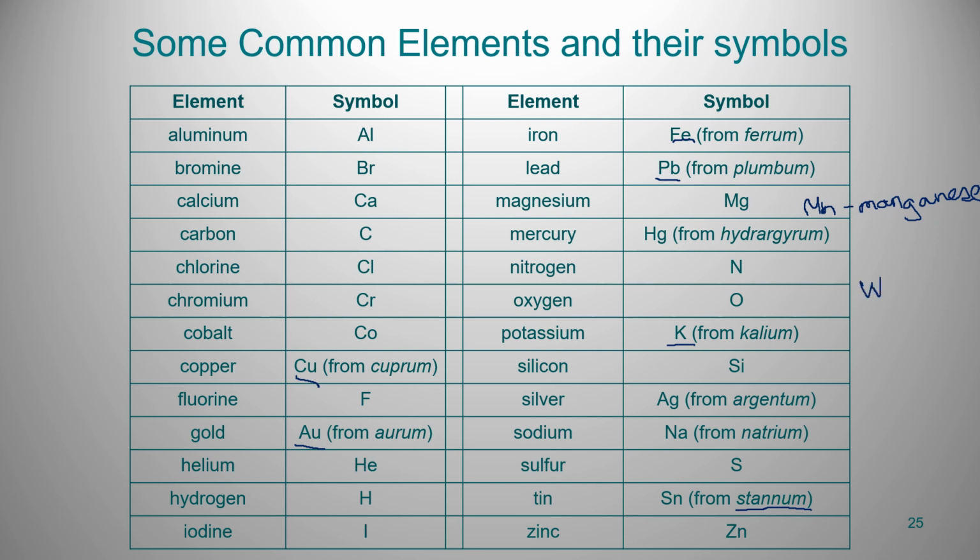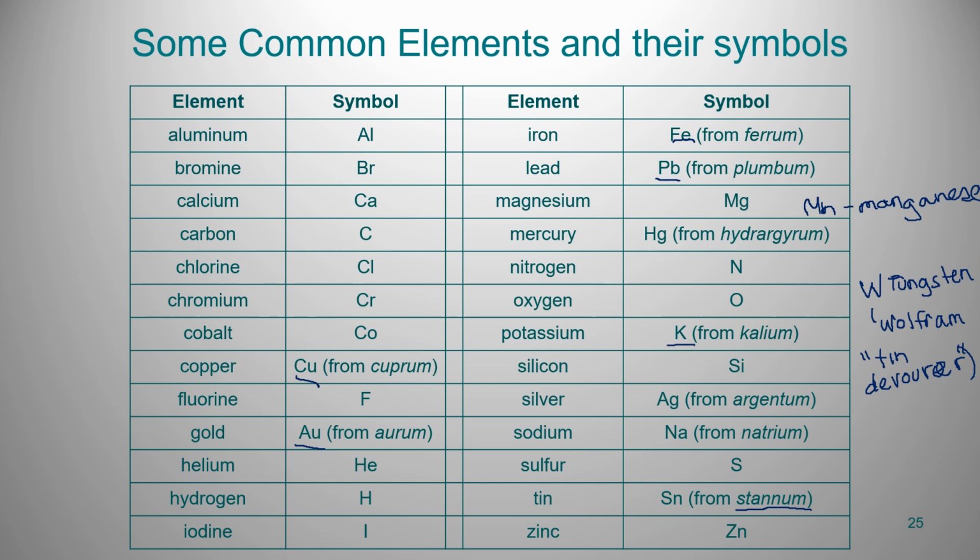Another one that I love is tungsten. Tungsten is the symbol W. That one actually came from a German word, Wolfram. Wolfram in German had the meaning of tin devourer.